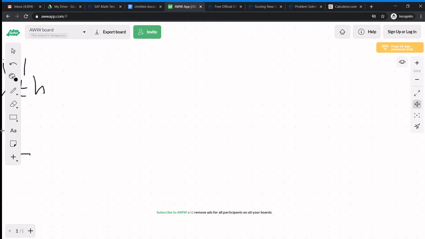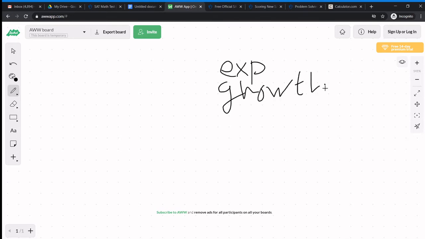Alright, so let me just draw scatter plots. Which of the following is the best example of exponential growth? And I might draw something like this. Just pretend these are all like reasonable dots. And then maybe something like this.